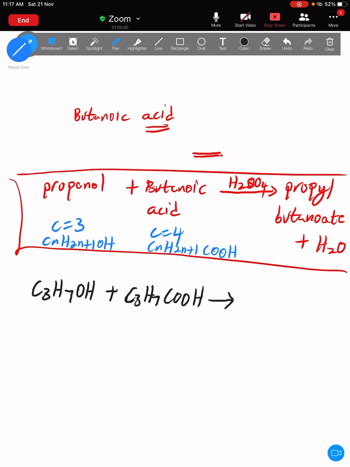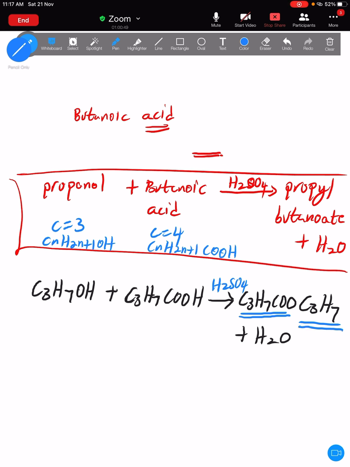Therefore, it becomes C3H7CO, then the alcohol portion, which will be C3H7, plus H2O, and the catalyst. So the first portion is the carboxylic acid, and the second portion refers to the alcohol.